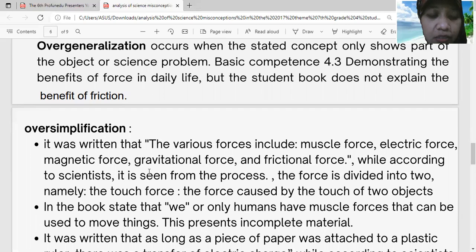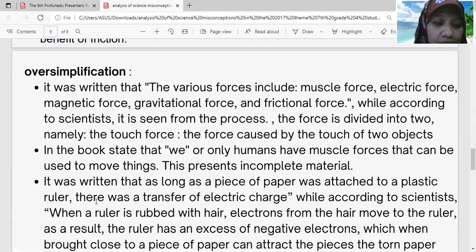Well, according to scientists, seen from the process, force is divided into two: the thought force, the force caused by the contact of two objects. Then the book states that only humans have muscle force that can be used to move things.